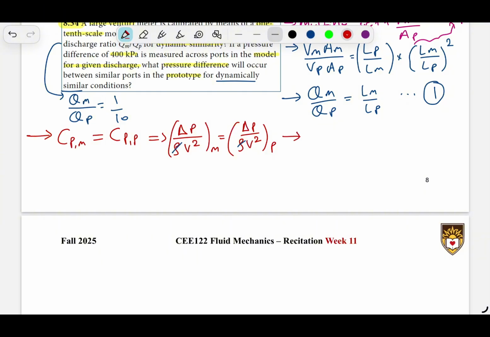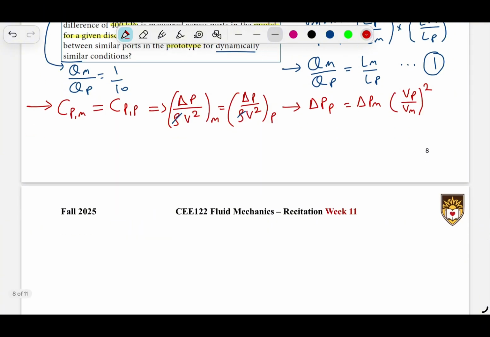So the pressure difference in the prototype, because it is what the question is asking, will be equal to the pressure difference in the model times the velocity ratio of prototype to model, and we are taking its square.